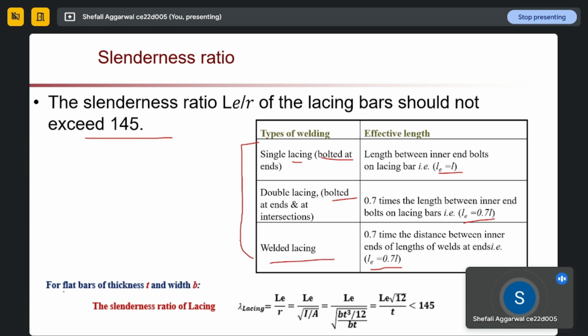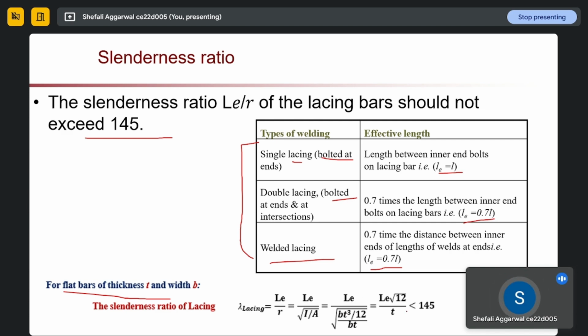And in case of flat bars, if our thickness is T and width is B, then we can calculate our slenderness ratio. r is our radius of gyration, given by the square root of moment of inertia divided by area. In case of flat bars, moment of inertia will be B t cube by 12 and area will be B into T. This is a simple formula, I guess everyone will know.